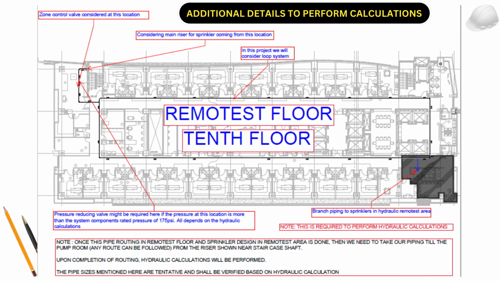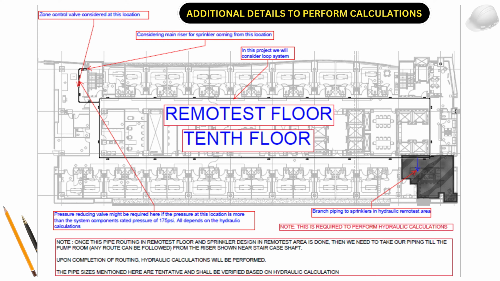A pressure reducing valve might be required if the pressure at this location before the zone control valve is more than the system component's rated pressure of 175 psi. Whether we need to use a PRV or not will all depend upon hydraulic calculations.